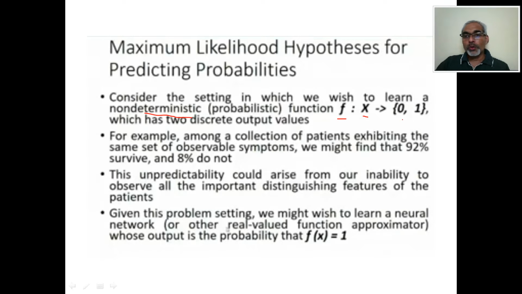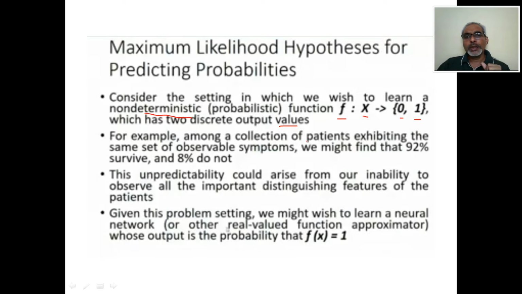And what is the output? It is going to give either 0 or 1, which are two discrete output values. So you are going to consider a probability function from x to two discrete output values, 0 or 1. Now assume a particular database you are having.